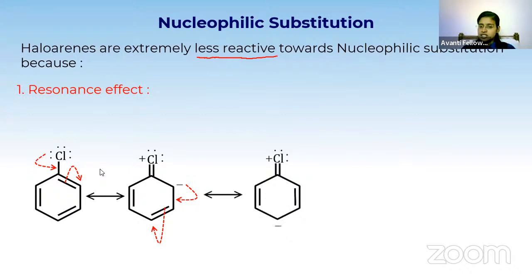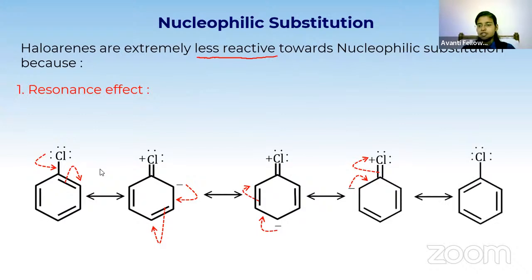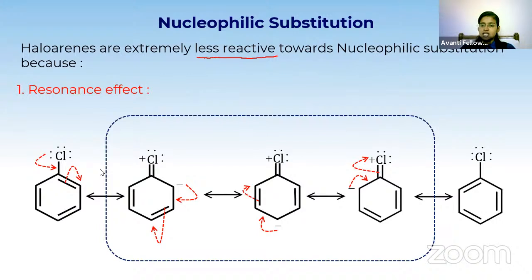From the third structure, if you delocalize the electrons like this, you will get a fourth structure. From the fourth structure, if you bring the negative charge inside the ring and take the pi electrons to the chlorine, you will get the fifth structure. These are the 5 resonance structures of chlorobenzene.